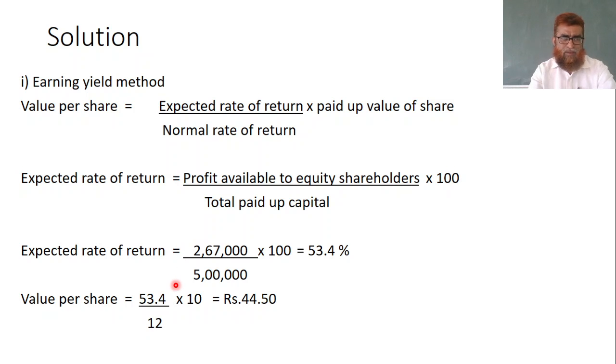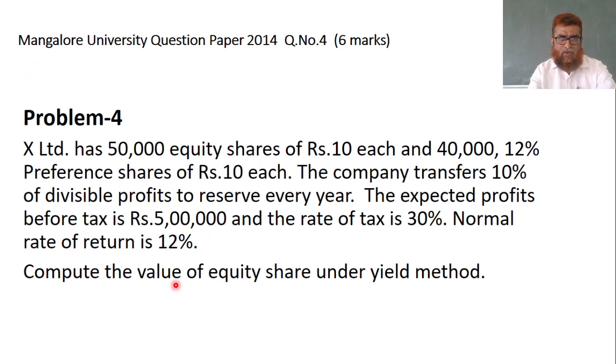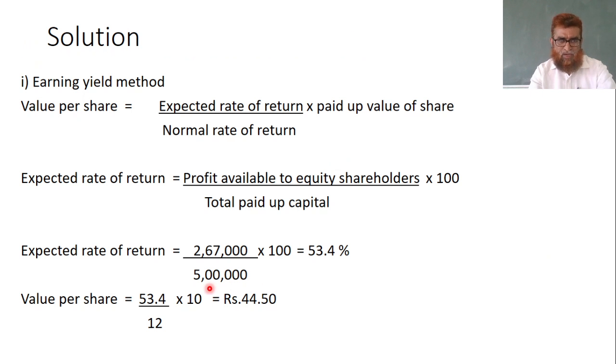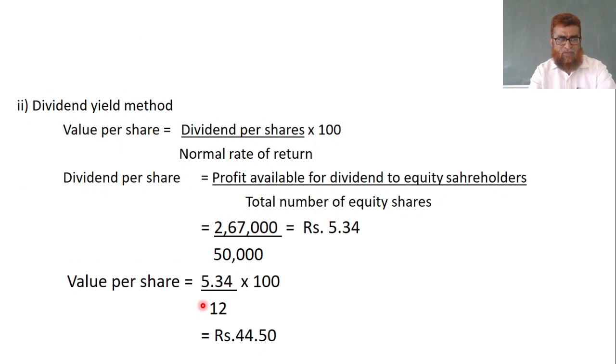Total paid up capital is 50,000 shares of rupees 10 each, so 5 lakh rupees. Clear? So you get 53.4%. Value per share is equal to expected rate of return 53.4, normal rate of return 12%, then into paid up value 10. So you will get 44 rupees 50 paise.